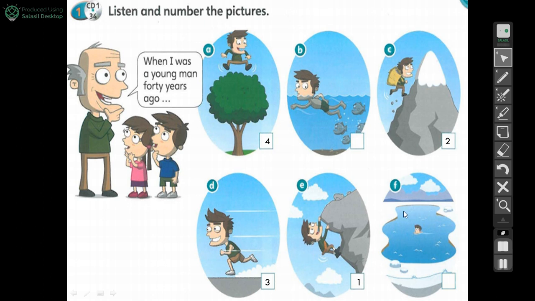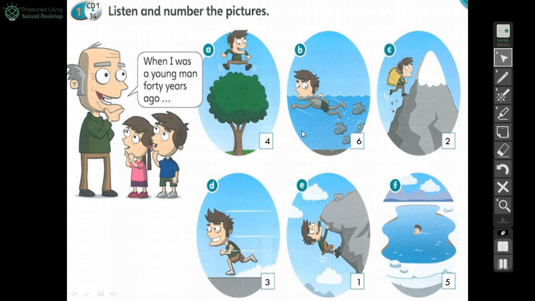Which picture? Thank you. Picture number? Here, picture F. no problem. That's amazing. I could swim in rivers full of dangerous fish, but Yes, he could swim in a river full of dangerous fish. Which picture?